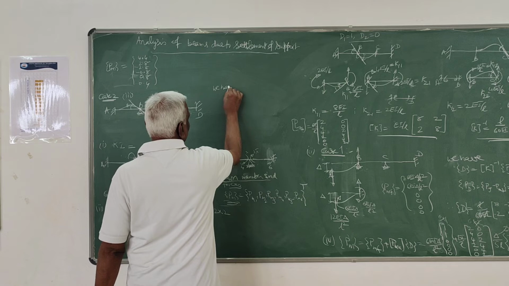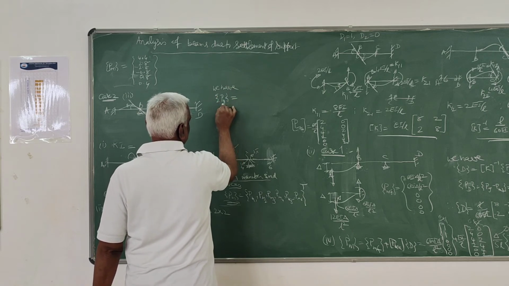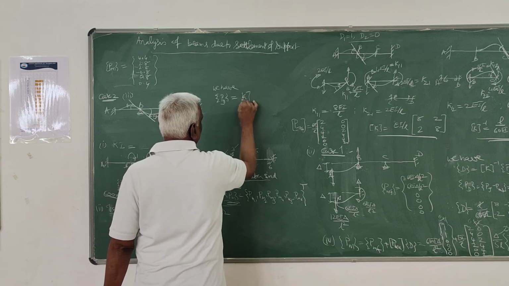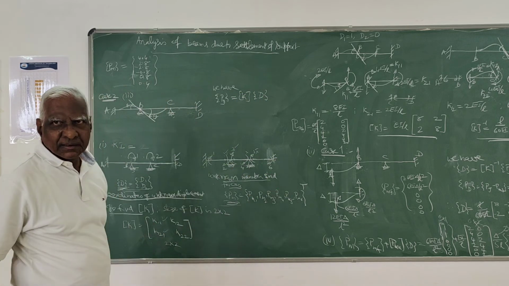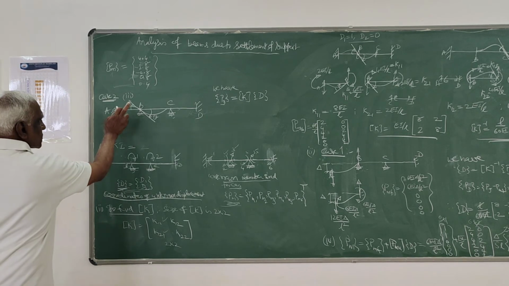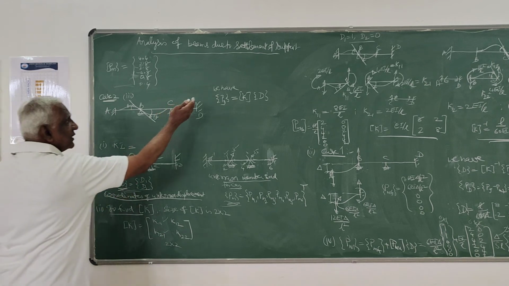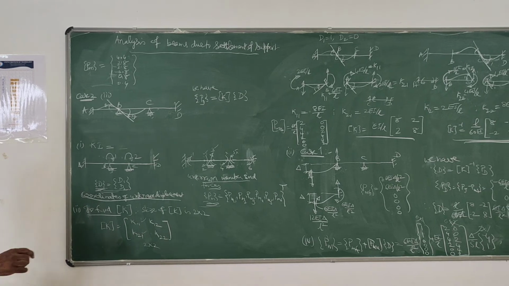We have P equals PD equals K into D. It is the same as that. In case 1, the settlement does not correspond to kinematic indeterminacy. When it corresponds to kinematic indeterminacy, I will use this force displacement relationship. Generally, that's all the change.